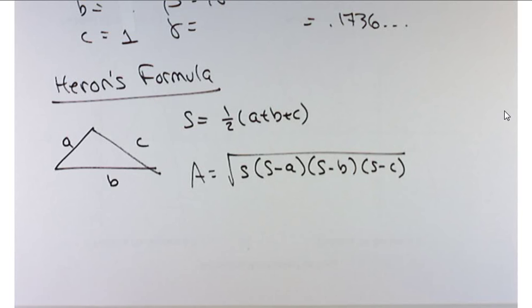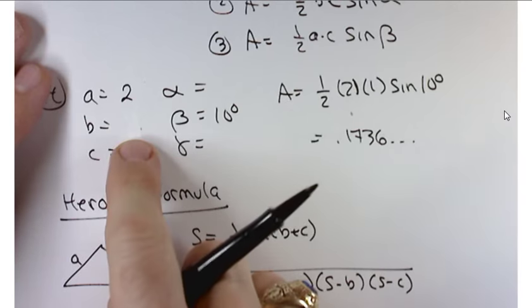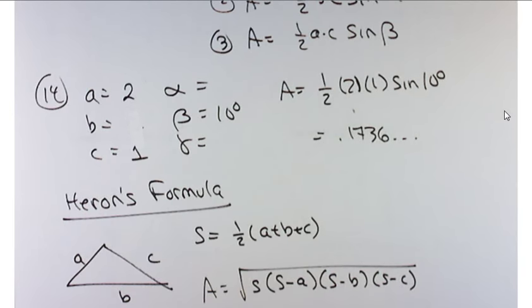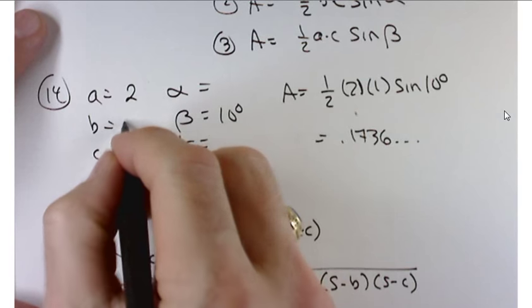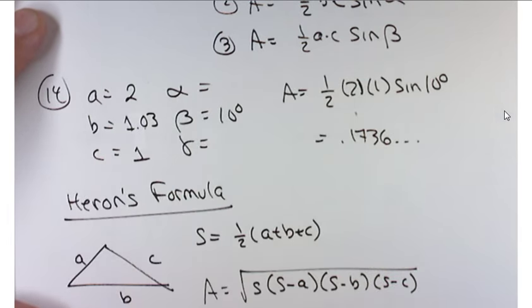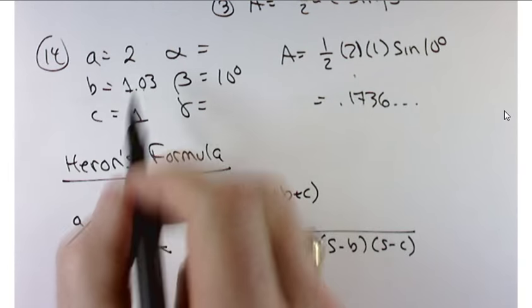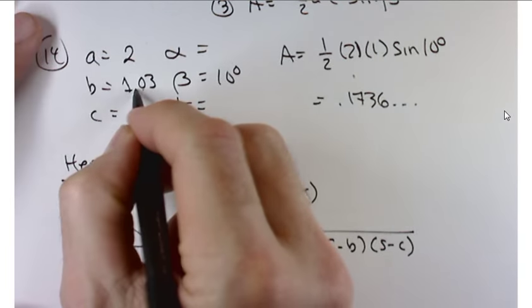Let's take advantage of something that we know back from problem number 18 in section 4.3. We actually dealt with this triangle before, and I think the length of side B that we solved there was like 1.03. Someone want to look back on that? Check that. 1.03. Yes, number 18.